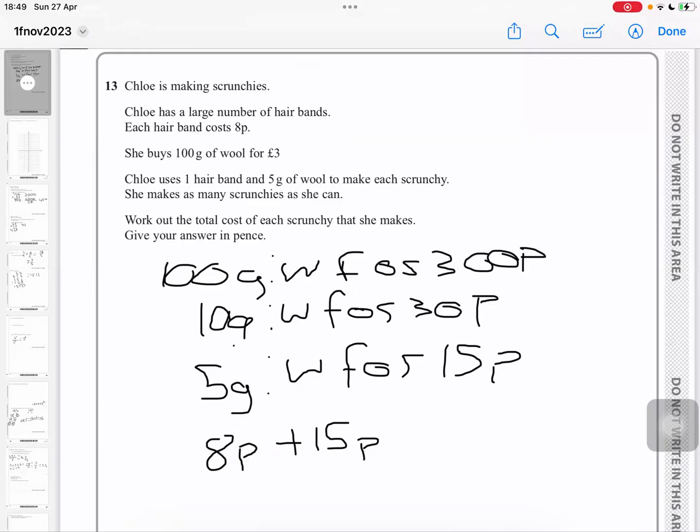Okay, I see where you're going. So they asked for each scrunchie. All right, I see it. So 300 divided by 20. Yeah, I see it. That's gonna give me 15.